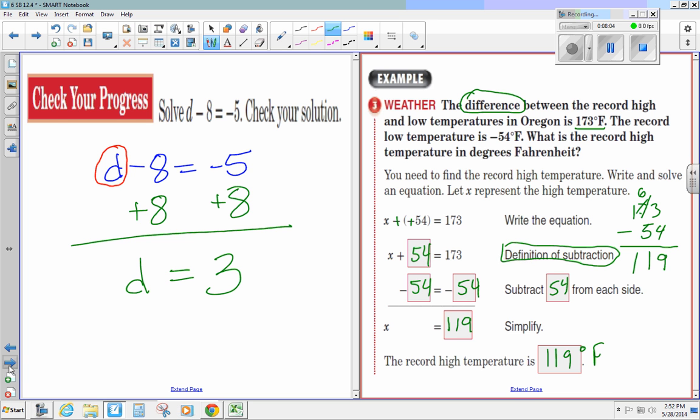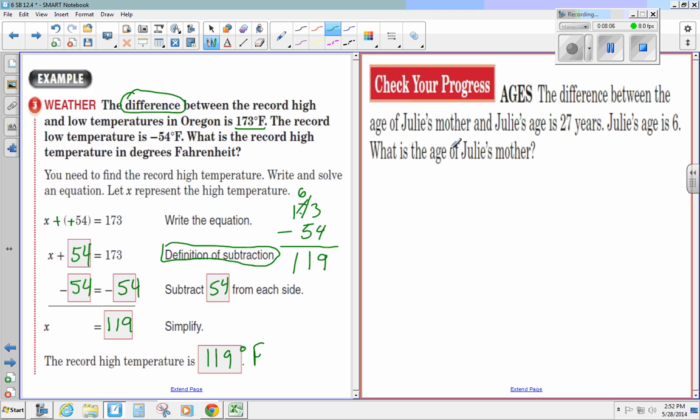So now we have to use that and set up this story problem here. It's saying the difference between two people's ages is 27. So that means the difference, a subtraction problem, is 27. It says that Julia's age is 6. What is the age of Julia's mother? All right.